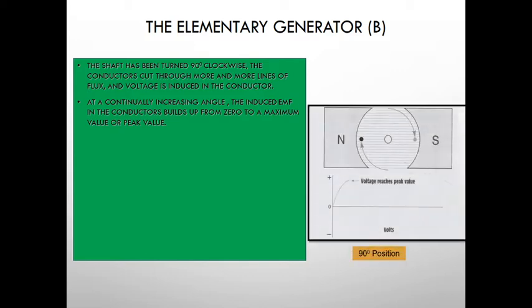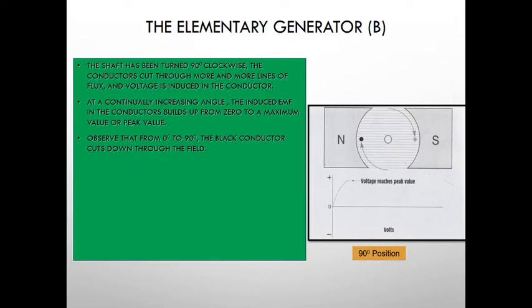What you see at this position in the figure, the black dot has reached the horizontal position. So at this time the induced EMF is maximum. Sine 90 is equal to 1, so your output is maximum.